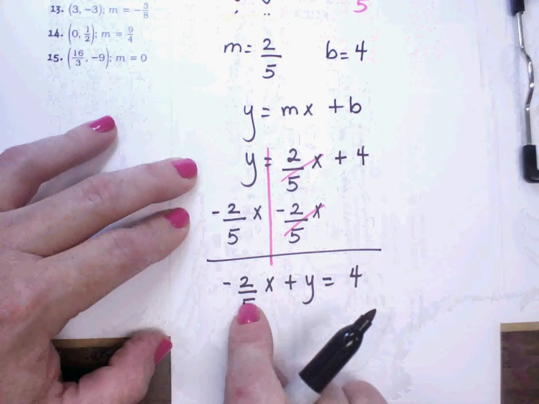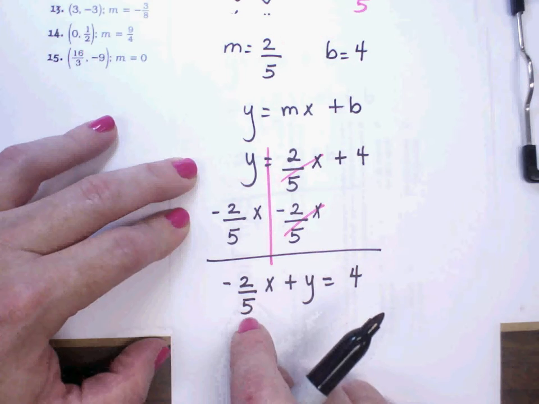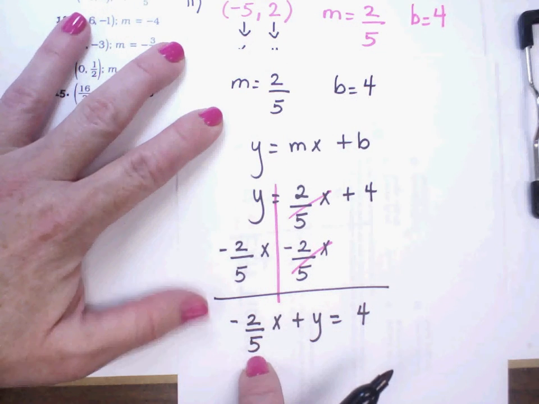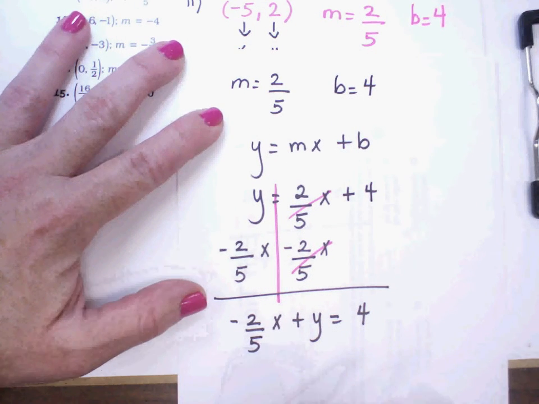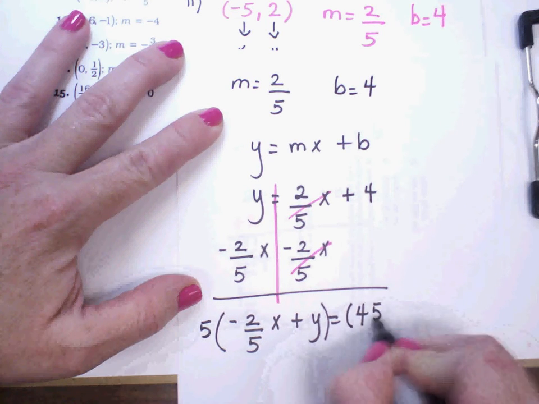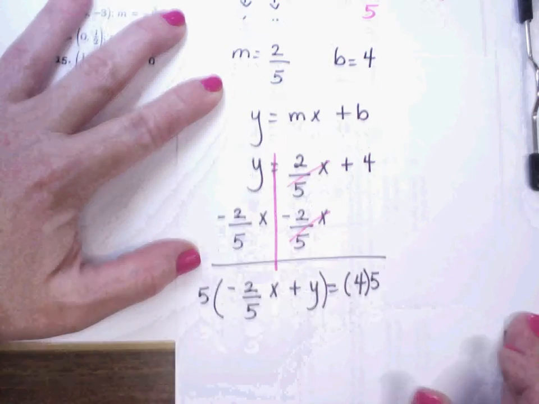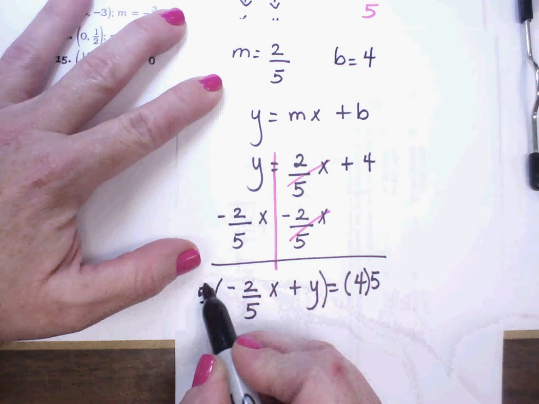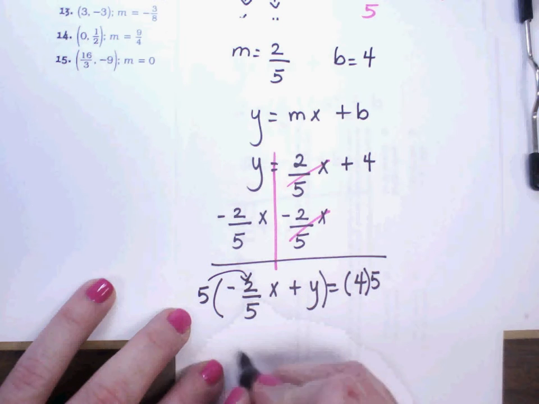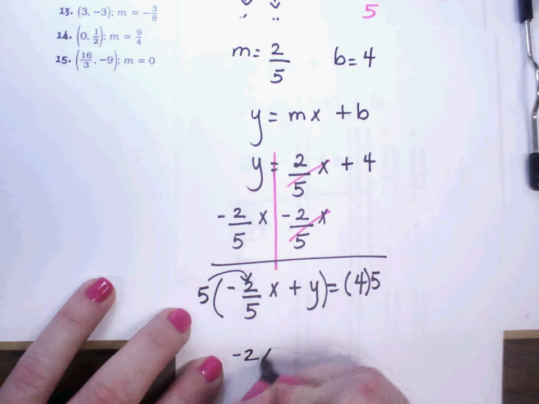Now, I cannot have fractions. It has to be integers, so it has to be nice whole numbers, odd or even, no decimals, no fractions. So I need to get rid of that 5. To get rid of that 5, I am going to multiply everything by 5. So I'm going to distribute that. When I multiply 5 times -2/5, the 5's cancel, and I get -2x.